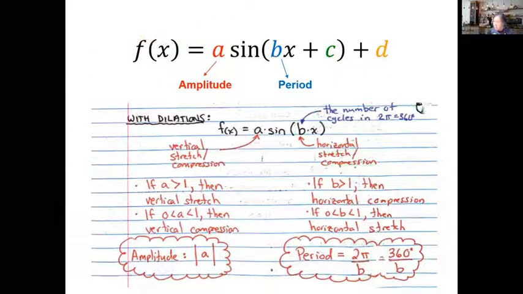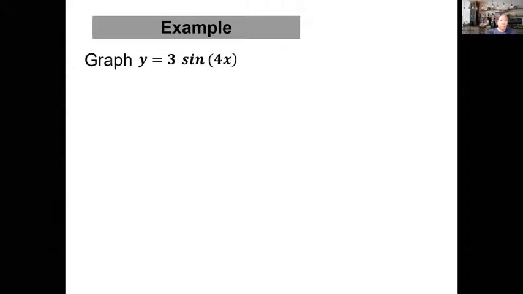Then, since we have almost no time, I will move on to the one example that I prepared, and that's going to be the last one, okay? We have a sine function equation. It goes y equals 3 sine of 4x. So now we remember the 3 involves amplitude because it's a vertical stretch.